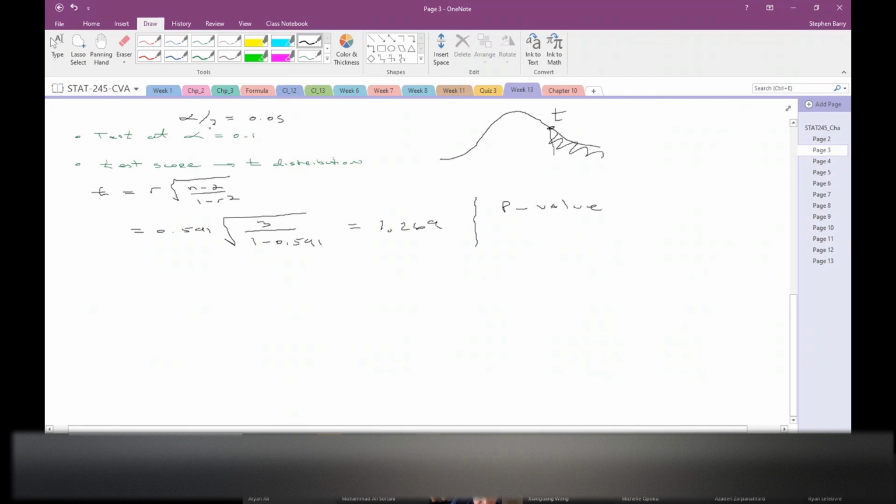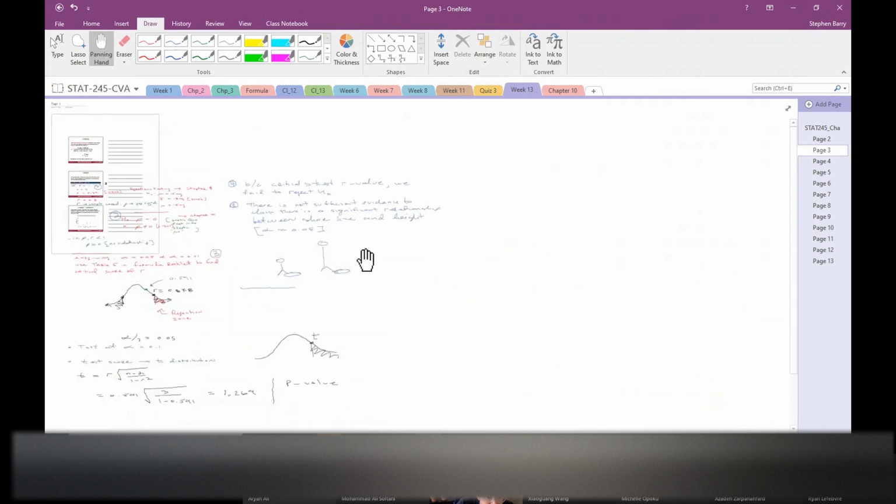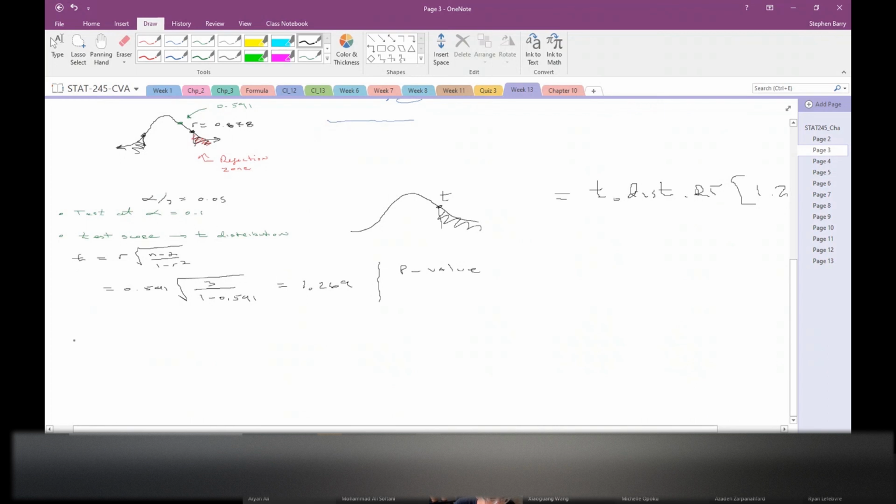So what's our p-value compared to this thing? So what would I do in Excel? I think with Excel, if I want to find areas, there's a function like this. You just go T distribution. I think we can do right tail. And then 1.269, and then you're going to need degrees of freedom. Now, degrees of freedom is tricky with this. This is another little thing with correlation or bivariate data that you should know.